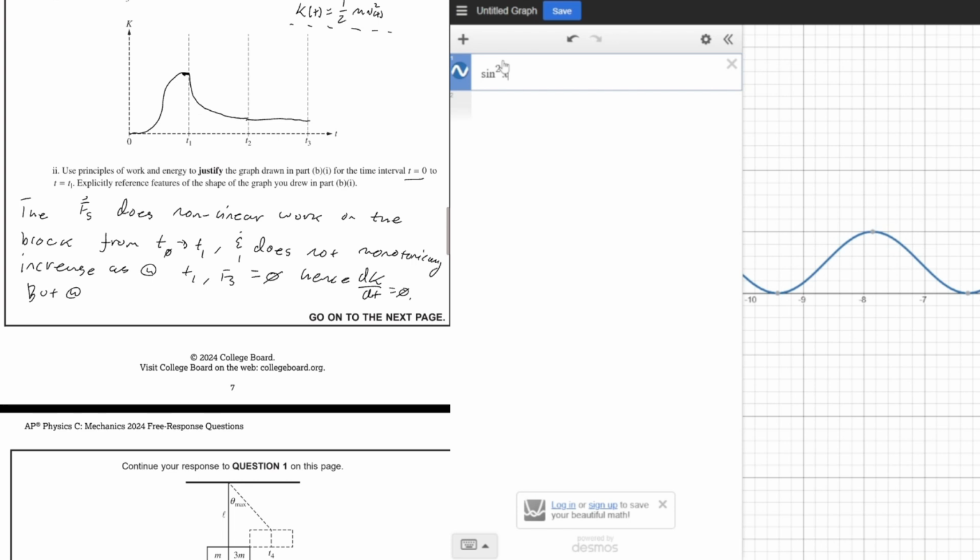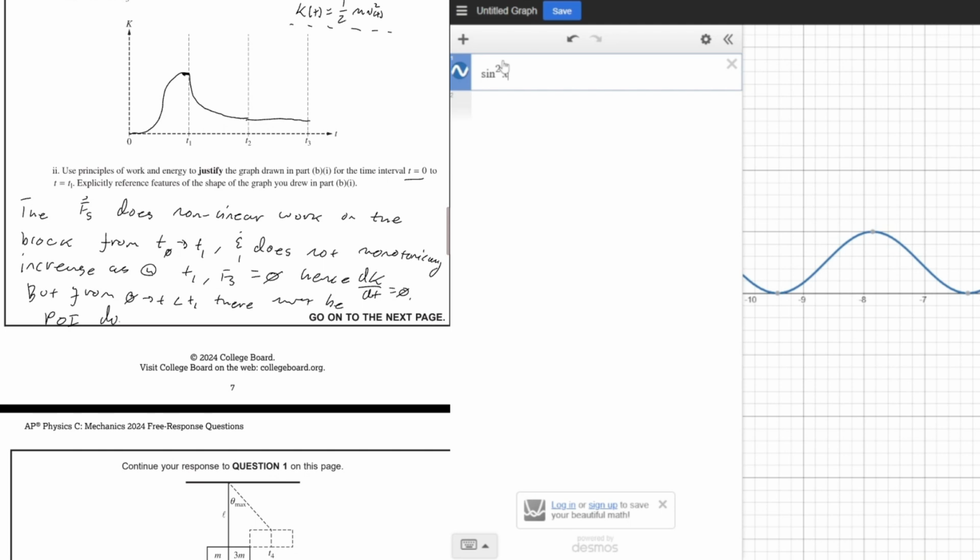But from 0 to some point t where it's less than t1, there must be a POI, point of inflection, as due to simple harmonic motion.